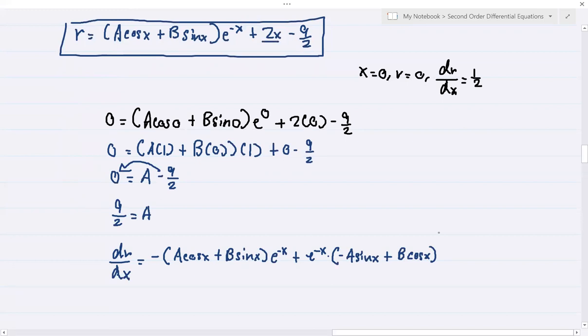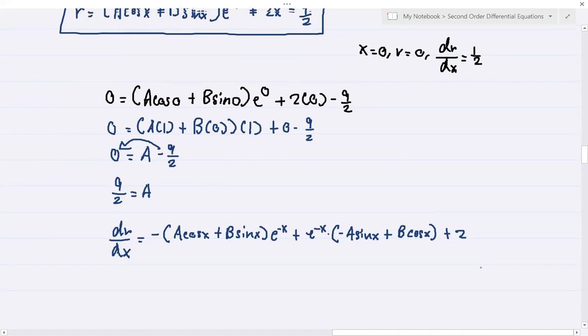Then next, get the derivative of your 2x, we will have plus 2. And the derivative of your constant negative 9 all over 2, we will have plus 0. So 2 plus 0 is just 2.